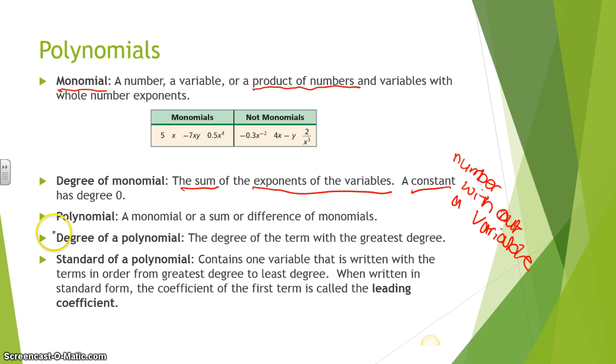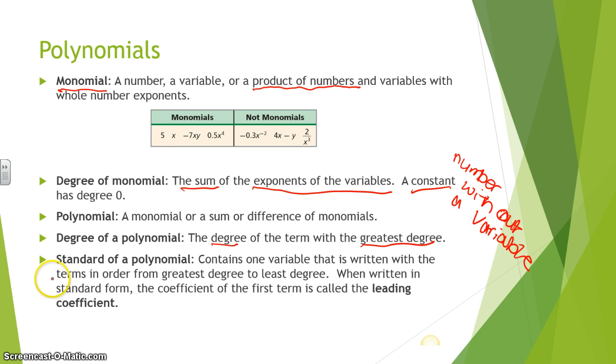Polynomial is a monomial or a sum or difference of monomials. The degree of a polynomial is the degree of the terms with the greatest degree. So we'll do some examples here with degrees of a term dealing with the greatest degree. We have standard form of a polynomial, which contains one variable that is written with the terms in order from greatest degree to least degree.